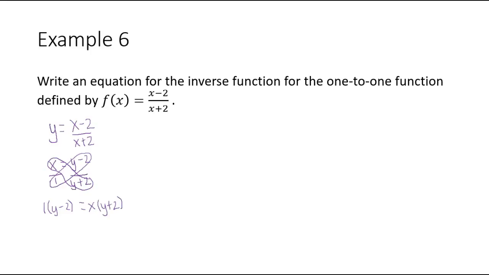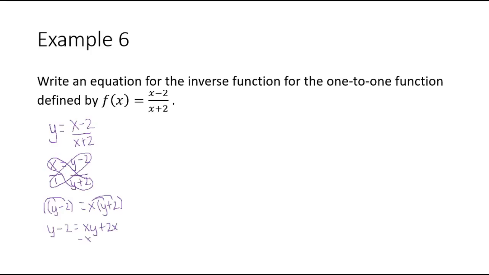All right, and let's distribute on both sides to get rid of the parentheses. This is going to give us y minus 2 is equal to xy plus 2x. All right, now we're solving this problem for y, so we should get all of the y's on one side of the equation.